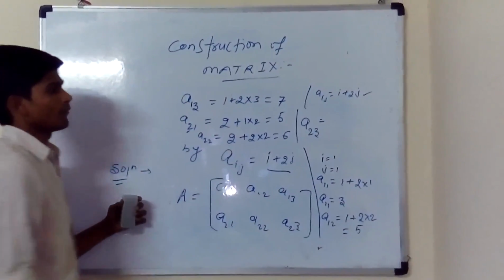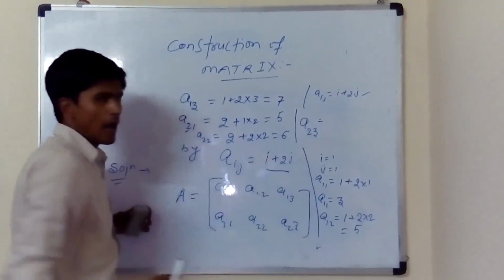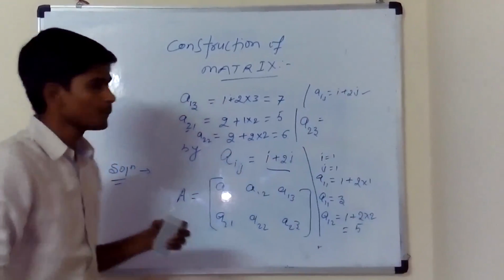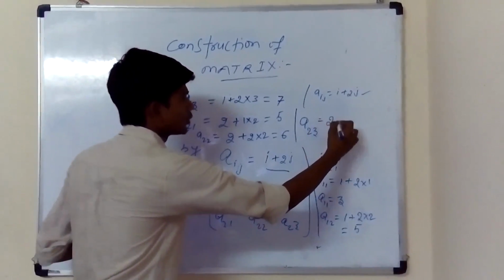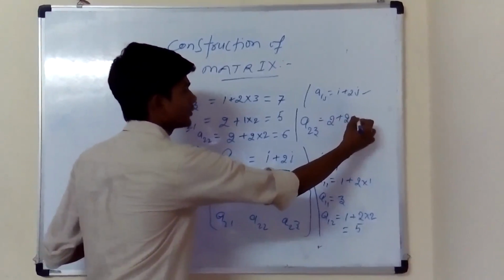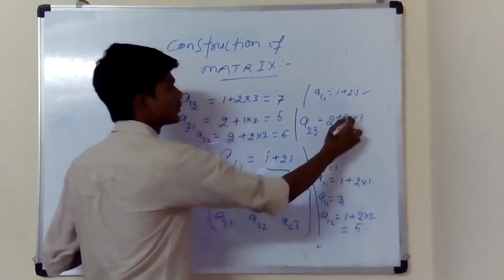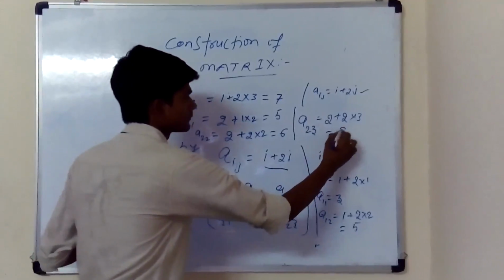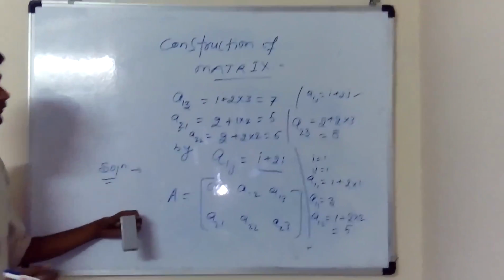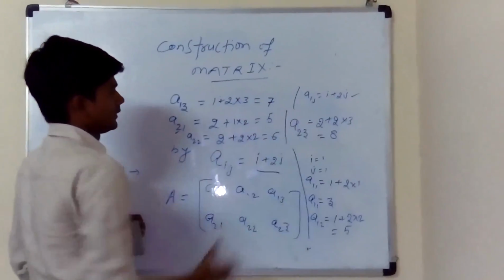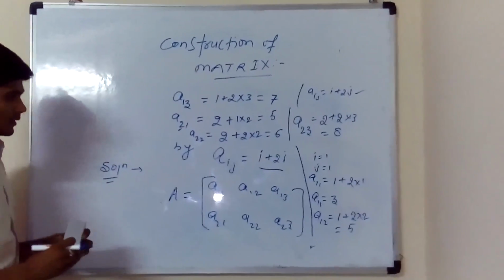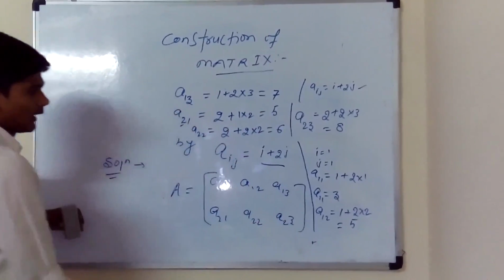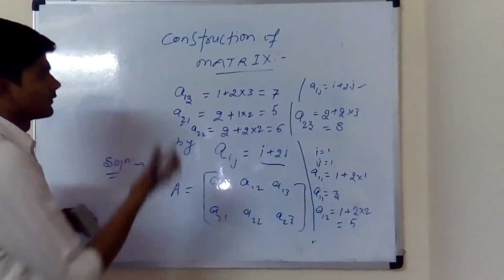So just put the value of i is equal to 2 and j is equal to 3 in the given equation. So 2 plus 2 into 3, 3 into 2 is 6, 6 plus 2 is 8. So you have obtained all the values. Just put all the values in this matrix and then you get the answer of this question.